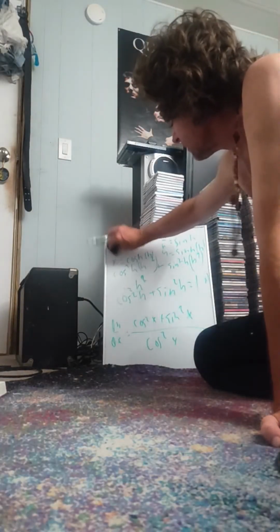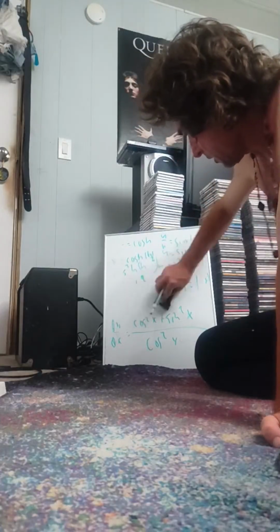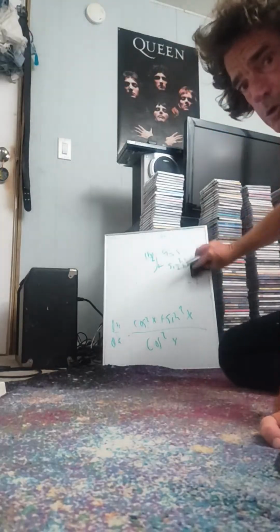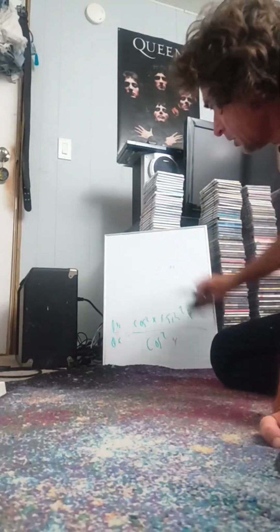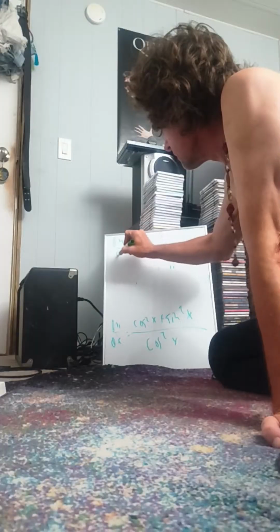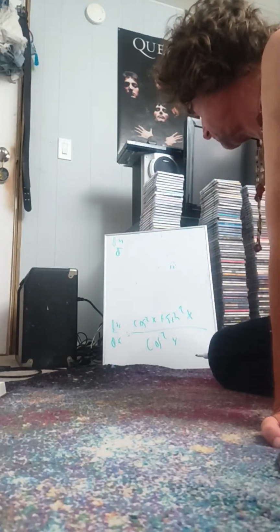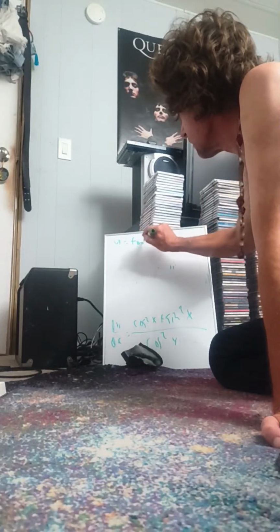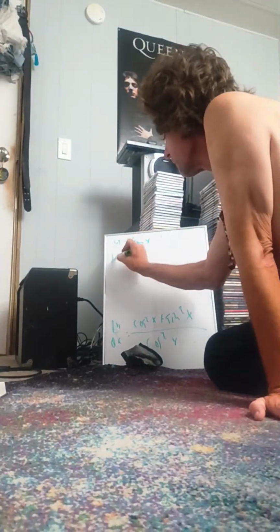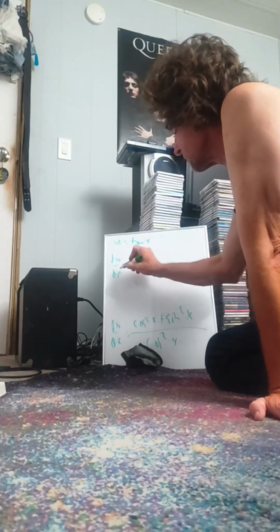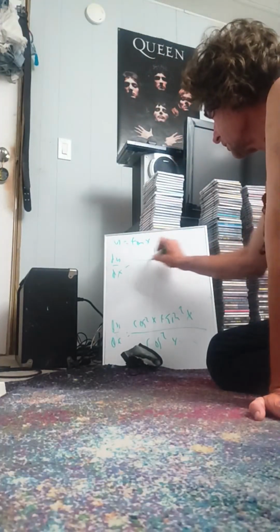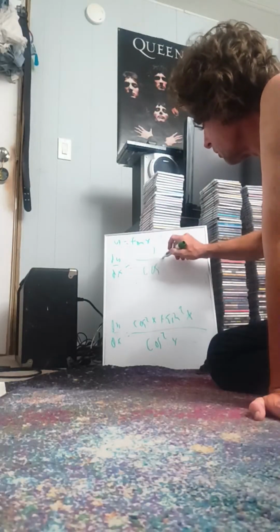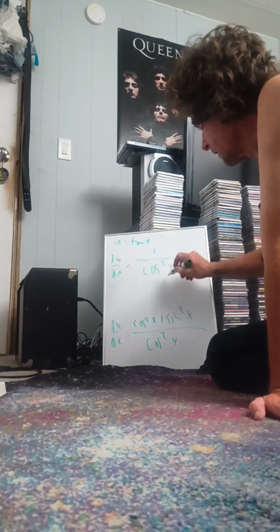So then what we have is dy dx, and that is, if we started with a problem, if y equals tangent x, then dy dx equals this, which is 1, over that, which is cosine squared x.